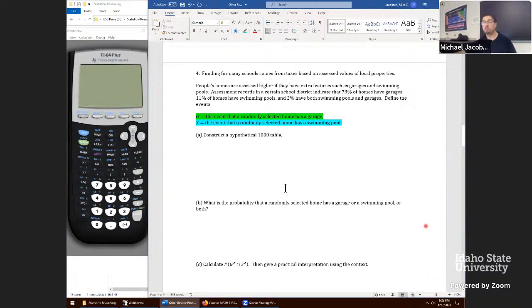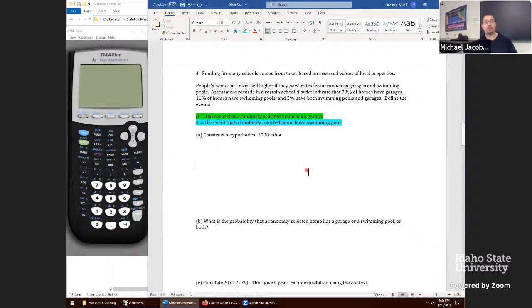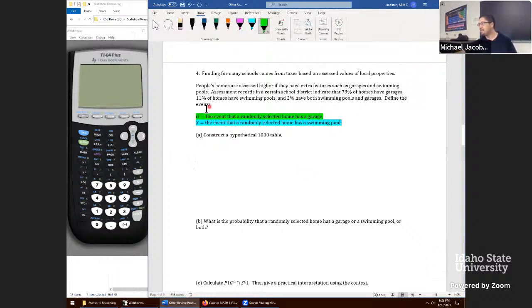And first thing we'd like to do is construct the hypothetical 1000 table. But before we get too far, we should indicate our probabilities. Let's read through here. It says, once again, 73% of homes have garages. That's our first event, G. So let's write out probability of G is 0.73.